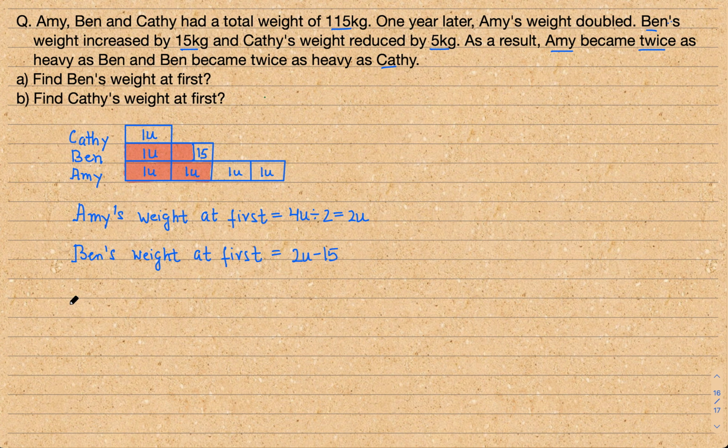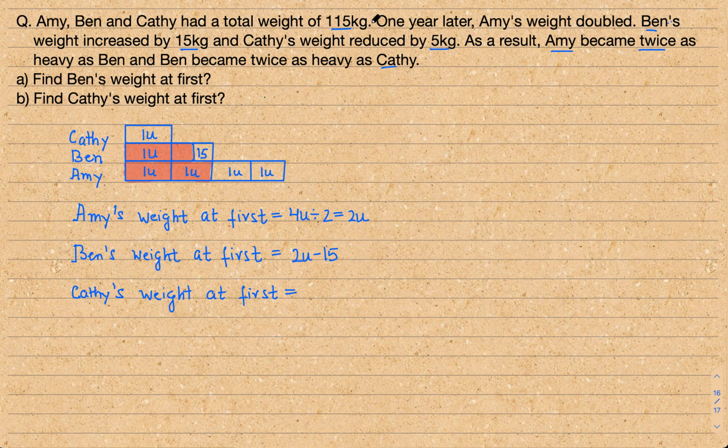Now how about Kathy? I want this answer. It's very easy. You can find it in the same way as we found it for Ben. So Kathy's weight at first was how much? Kathy's weight reduced by 5 kg. That means she became 1 unit after reducing 5 kg.